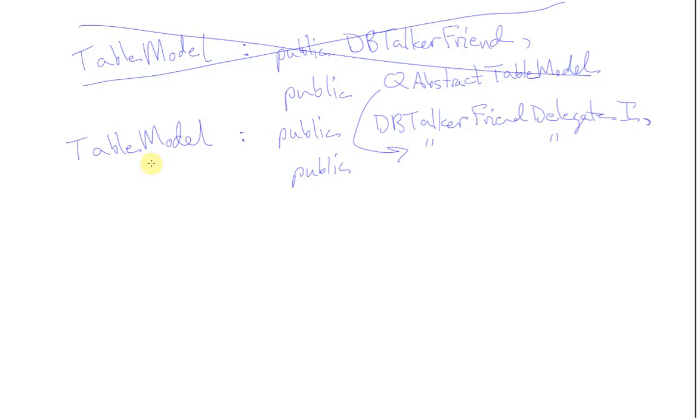This isn't possible because, once again, DB Talker friend delegate interface is planned to be called using cross-thread messaging, and thus it would have to be a Q object because that is how one does cross-thread messaging with Qt. So back to square one. It's the double Q object multiple inheritance issue.